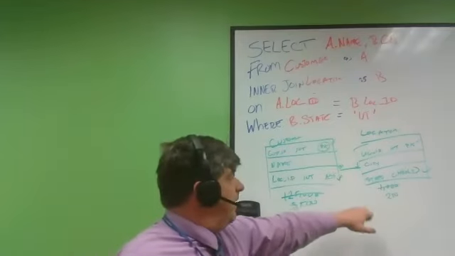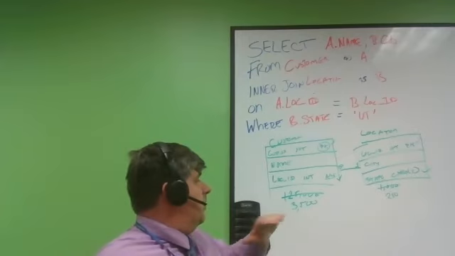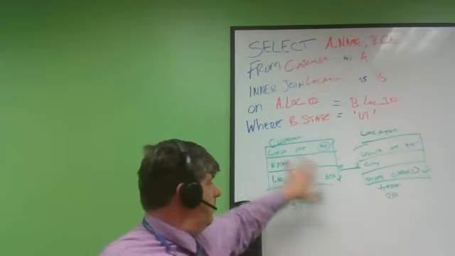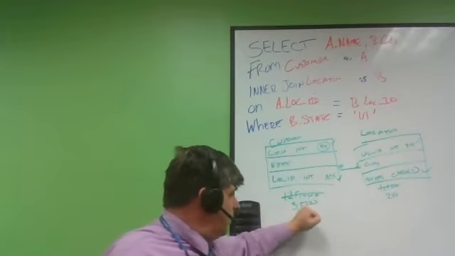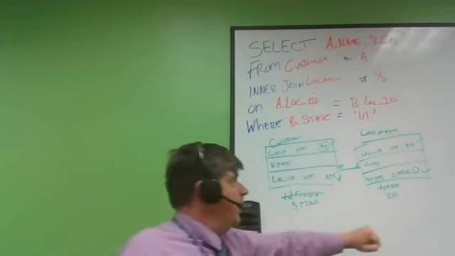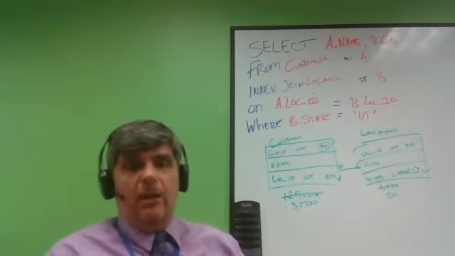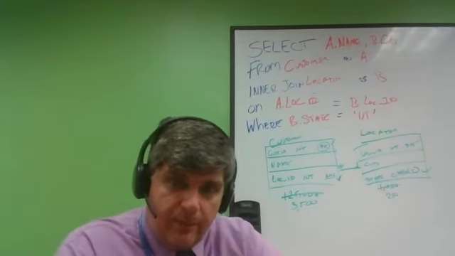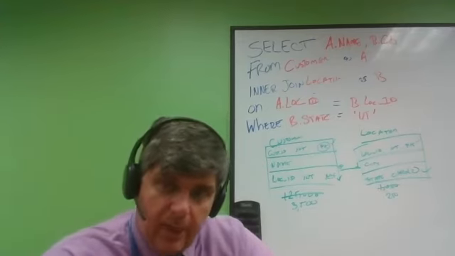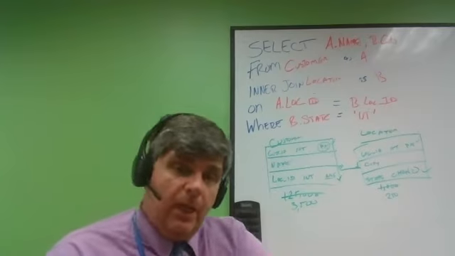So 250 location IDs match up to 3,500 customers, and so everything else can be dropped. So these other several 100,000 rows are gone, and now there's only 3,500 rows in customer and only 250 rows in location. So it's whittled it down. It's gone from using the from clause, grabbing both tables, to the where clause, limiting the locations table, to the on clause, where it's limiting the customers table.